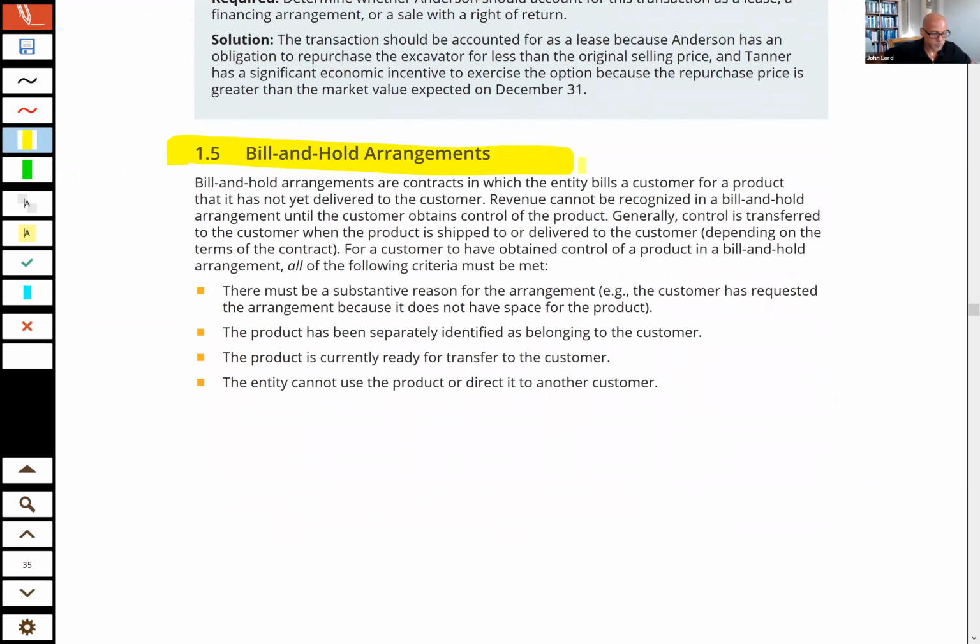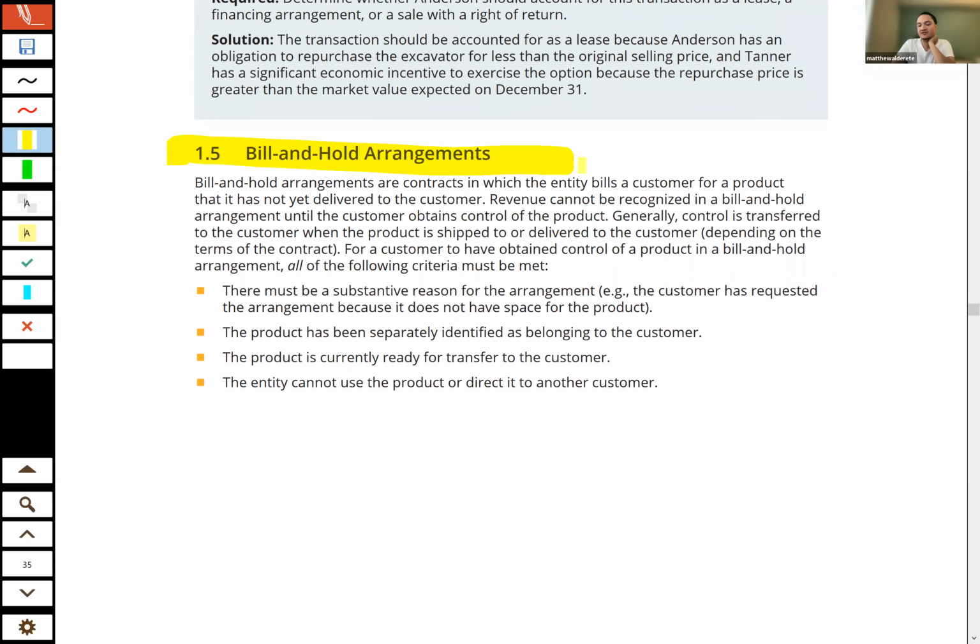What happens here? Well, if you buy something from me and you ask me to hold it for you as an accommodation, and I hold that thing for you and put it aside, is that a sale, do you think? You tell me, please hang on to that because I'm not ready to take delivery. Hold it for a couple days for me because I don't have a delivery truck big enough to pick that up.